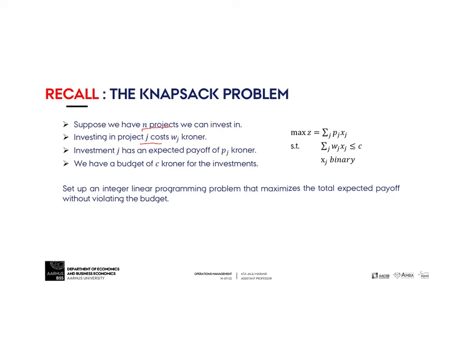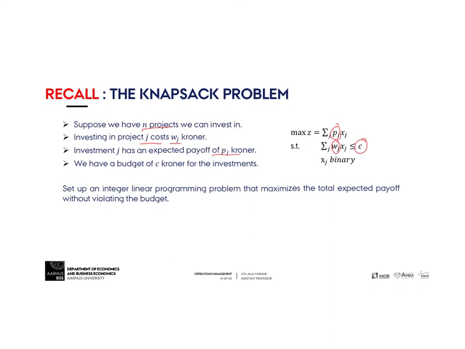Each project j costs w_j to invest in and has an expected payoff of p_j. So you have a payoff, you have a cost, you have a budget. We have a budget of C krona for the investments. Now set up an integer linear programming problem that maximizes the total expected payoff without violating the budget.